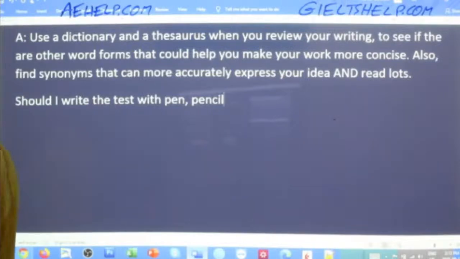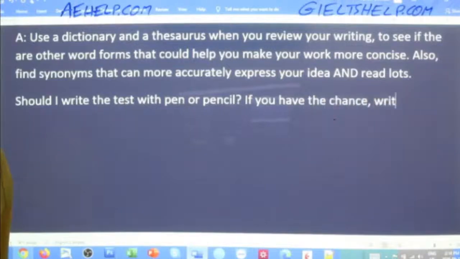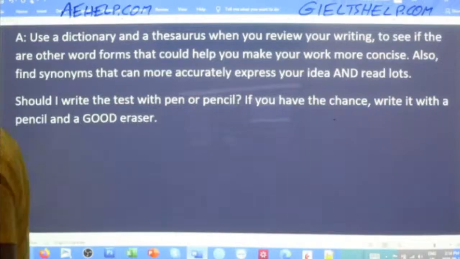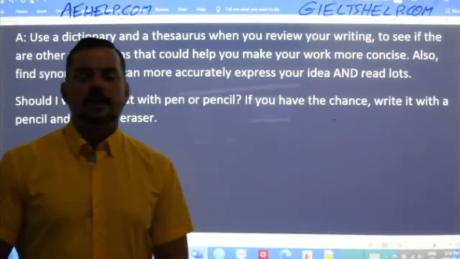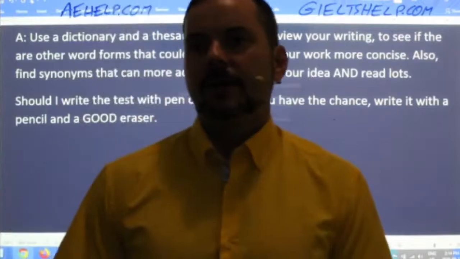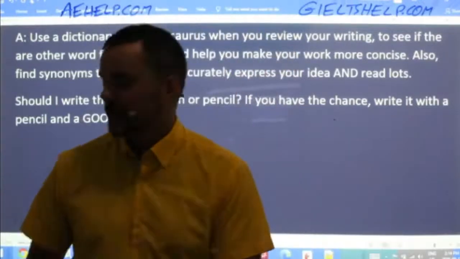Things are always changing in IELTS too, so you always want to check. If you have the chance, write it with a pencil and a good eraser. It'll just be a little bit cleaner that way. Okay.